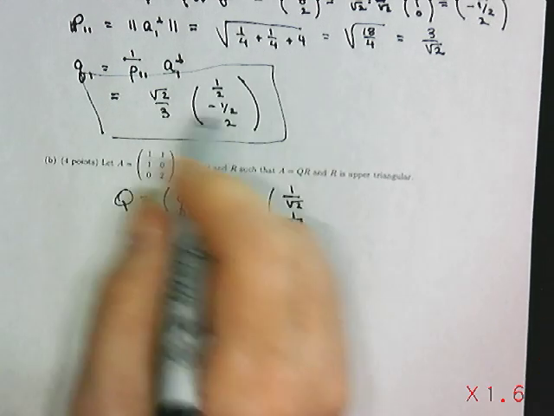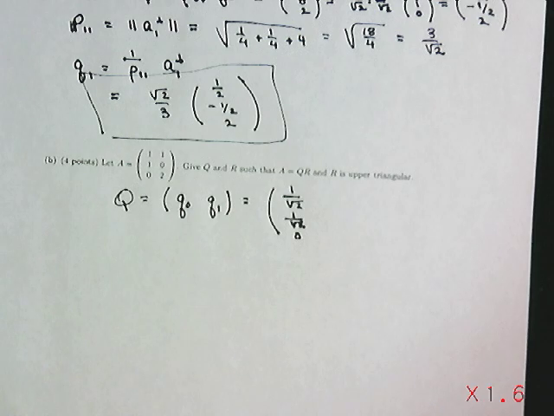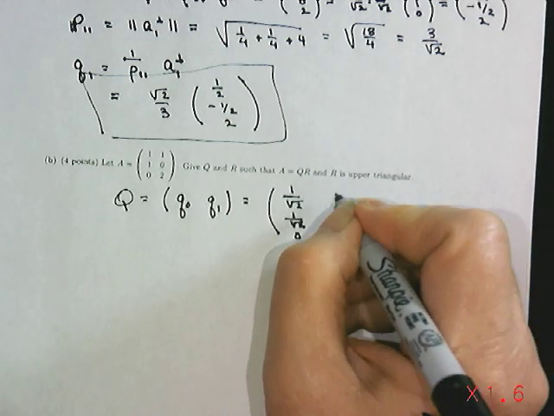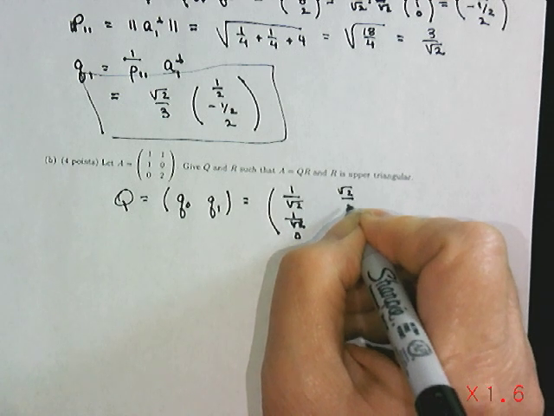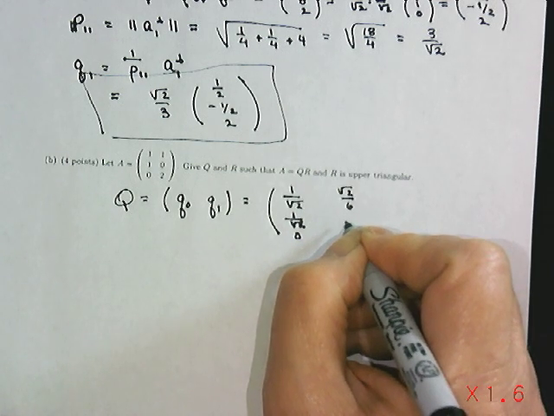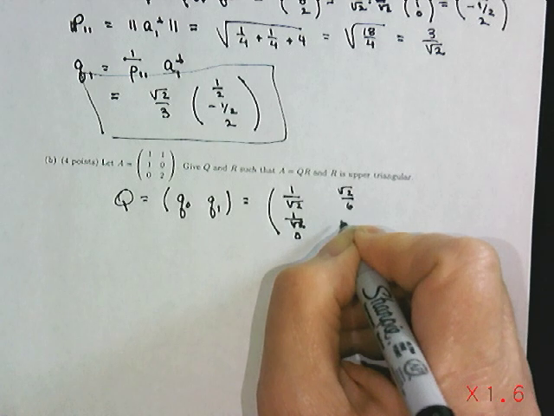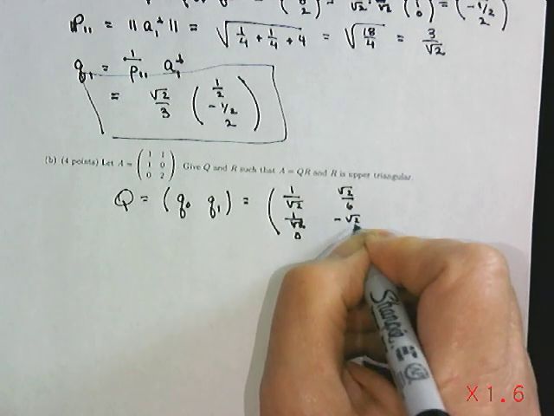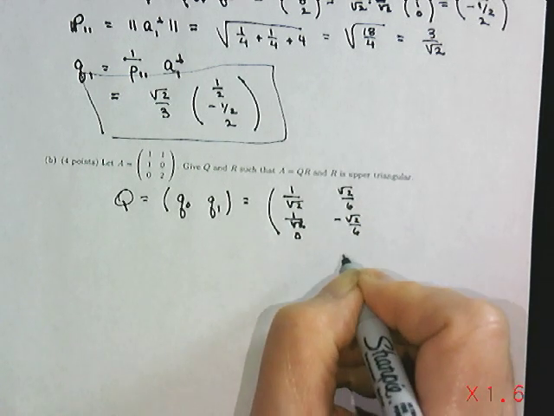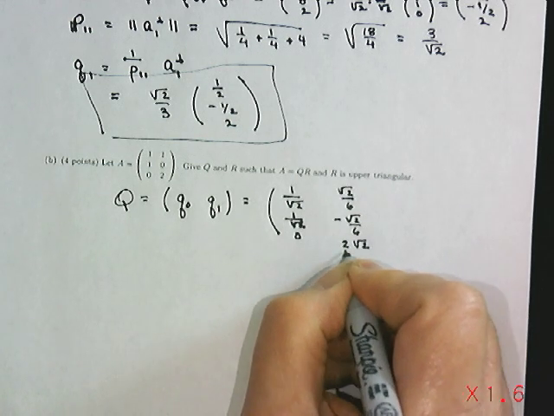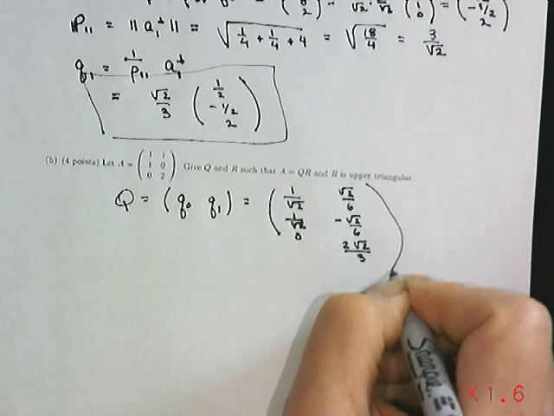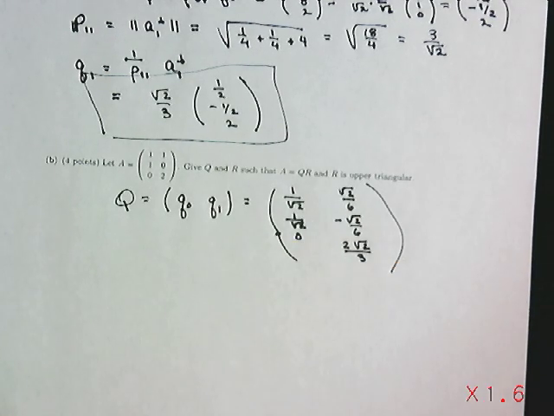And then q sub 1 is this vector, so it's going to have entries the square root of 2 over 6, negative the square root of 2 over 6, and 2 square roots of 2 over 3. I'm sure we could find a nicer form for this matrix, but that's Q.